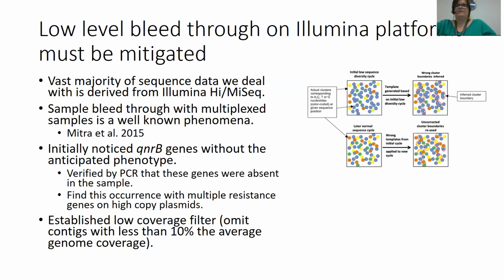So we decided to establish a low coverage filter. We set this threshold at 10% of the average genome coverage, so we'll omit any contigs from our assembly that fall under that threshold. I think this is generally a pretty good practice for a lot of different types of analysis, but it's especially crucial here, so I thought I'd mention it.